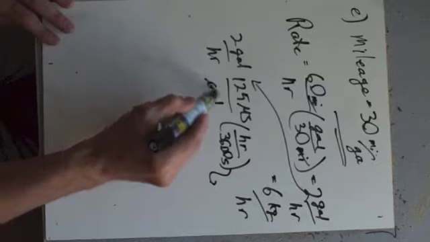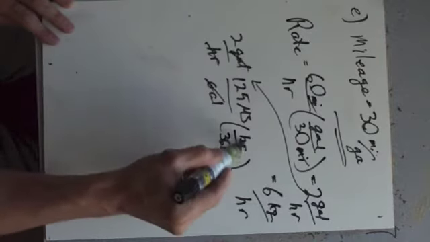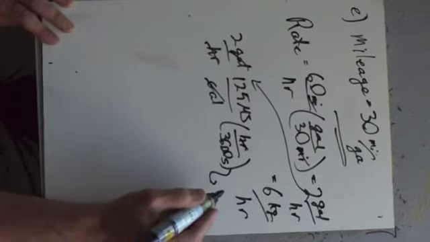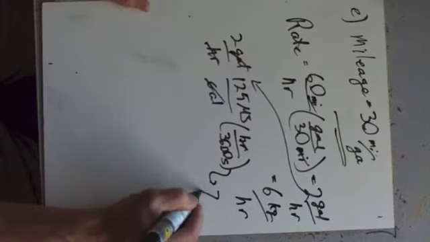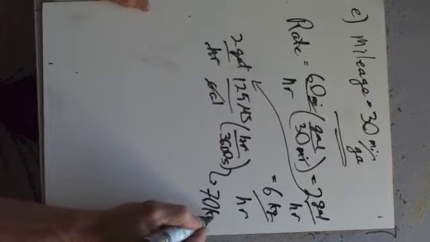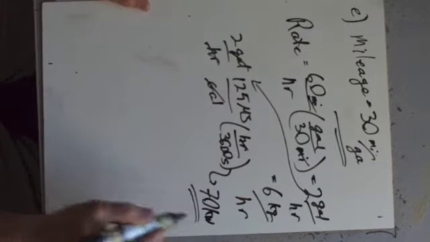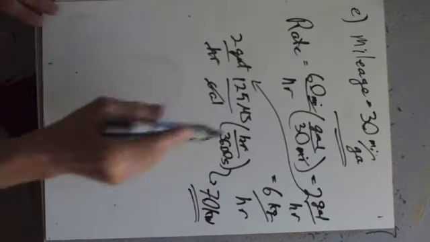And what does that give us? Well, the gallons cancel, the hours cancel, and we have megajoules per second, or megawatts. And this corresponds to 70 kilowatts of power. That's the rate at which we're using gasoline.